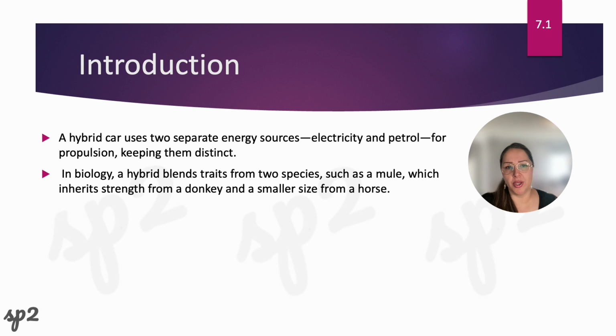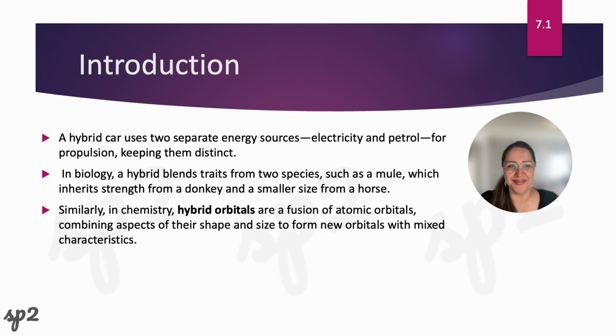Or for example, in biology, a hybrid animal is a result of crossbreeding of two different animals. For example, a mule would be a crossbreeding of a male donkey and a female horse, and its characteristics are going to be a little bit from each of these two parents, which is really interesting.